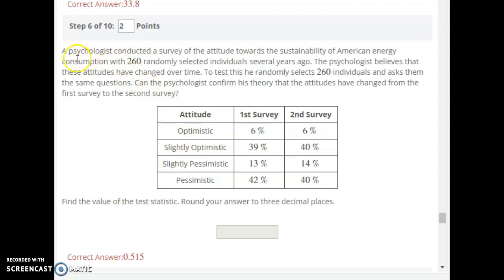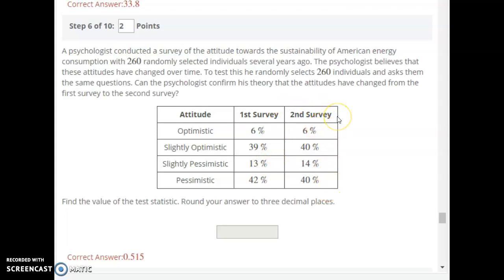So these chi-squared ones are pretty extensive questions, 10 steps. But this is the step in particular, I think, that can give the most problem. So by this point, you should have multiplied these percentages by the 260 and gotten your expected and your observed values.